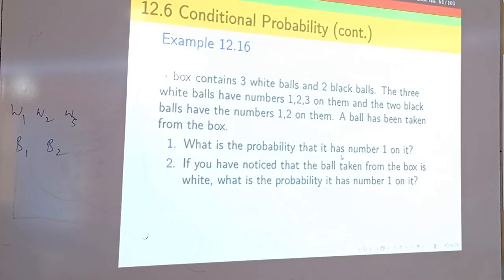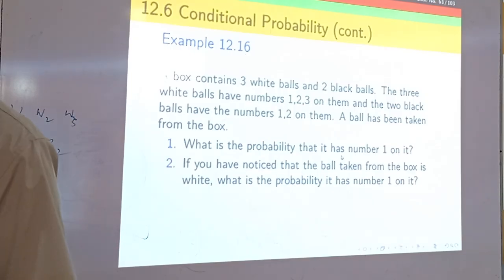A ball has been taken from the box. What is the probability that it has number 1 on it? That is an unconditional probability, equal to 2 divided by 5, 2 out of 5.